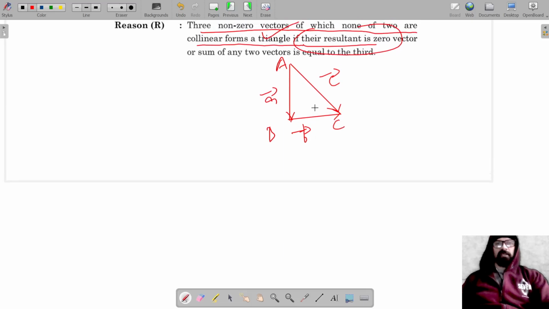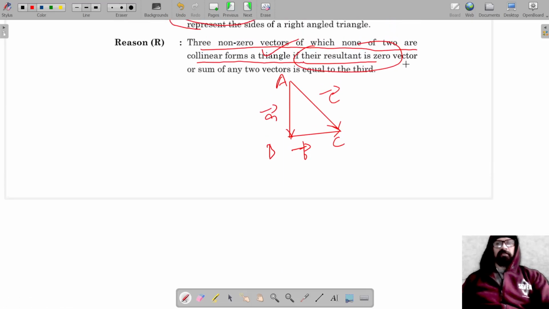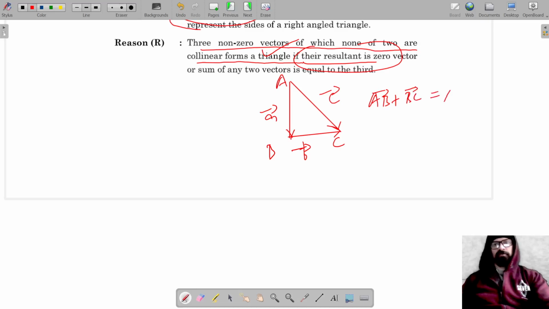If their resultant is zero, or the sum of any two vectors is equal to the third vector, using the triangle law of vector addition, AB plus BC should be equal to AC. The sum of any two vectors is equal to the third vector, which is true, and the resultant is 0.